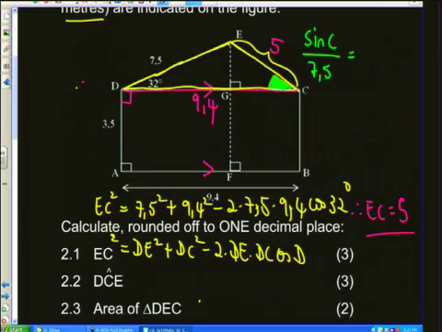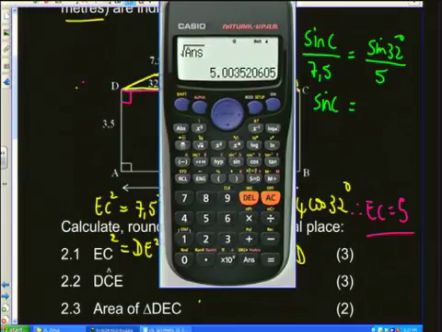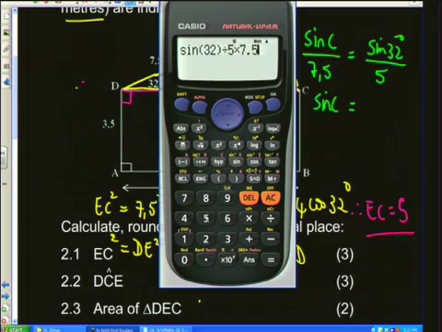Let's keep the sine in the numerator, otherwise there is no ratio. So sine of 32 divided by the side opposite it, which is 5, equals sine C divided by 7.5. Let the magic machine process all the values: sine 32, divide by 5, multiply by 7.5, and we get a ratio of 0.79.